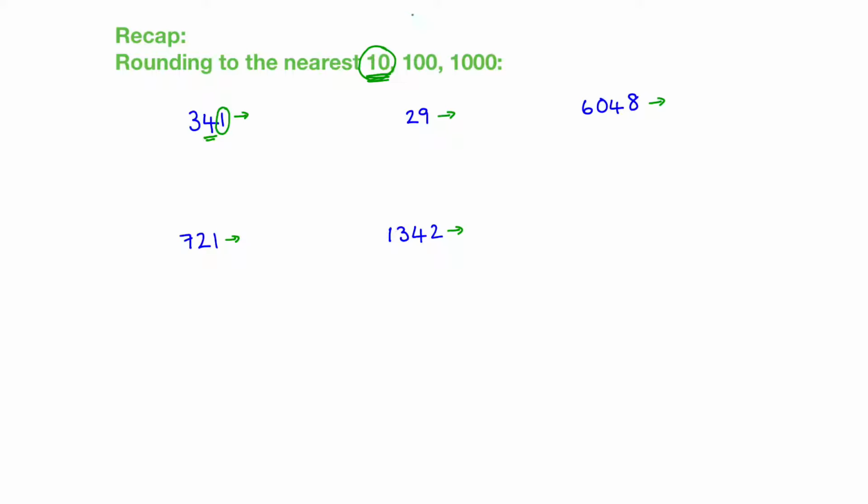And remember, our rule was that if the number following is a 0, 1, 2, 3 or 4, we round down and leave the number as it is. But if it's a 5, 6, 7, 8 or 9, we move it up to the next number in the 10 times table. So because 1 is in this set of numbers here, then we leave the 4 as it is, and our answer is 340.